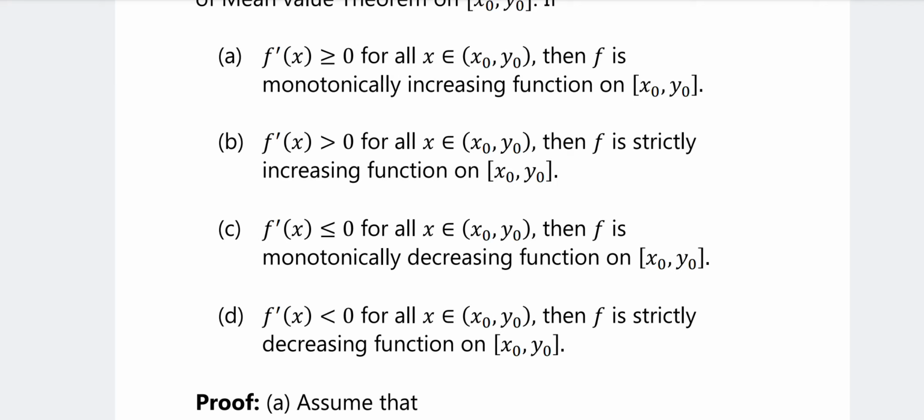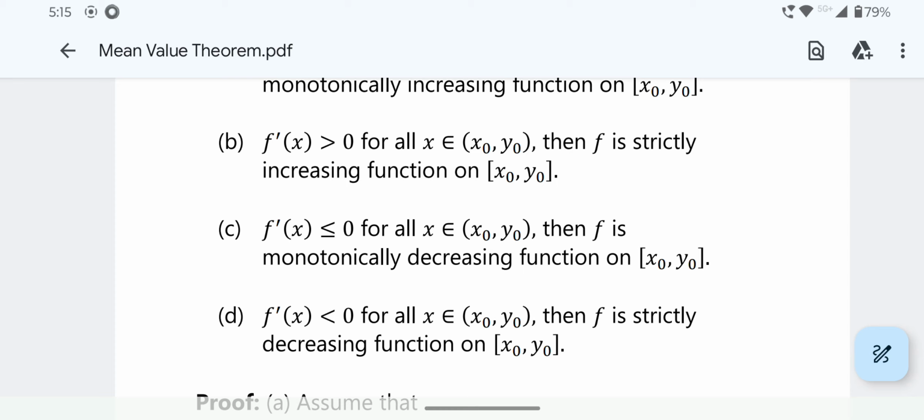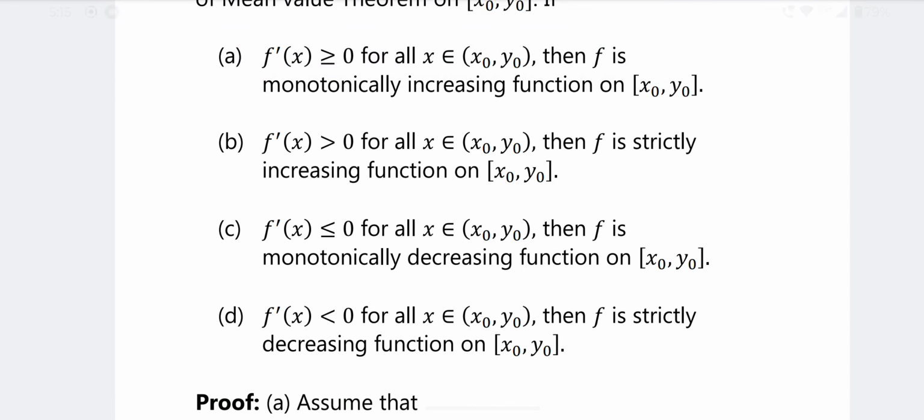Part D: if the derivative of f is strictly less than 0 on (x naught, y naught), then f is strictly decreasing on [x naught, y naught].